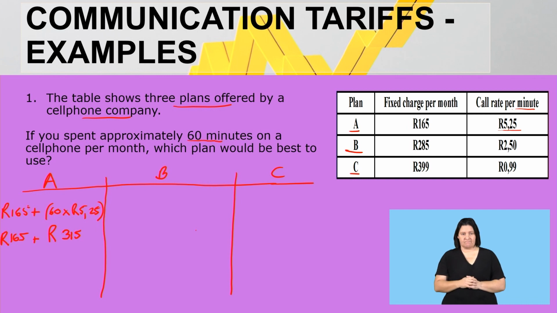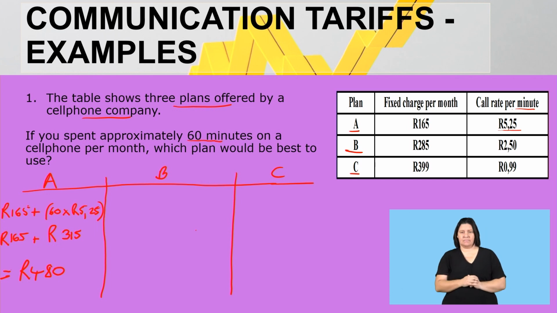Thereafter I'm going to add the two amounts together: 165 plus 315. We can just go straight to the answer. If you add the two amounts together in this option, it will give us 480 Rand. So that's plan A.